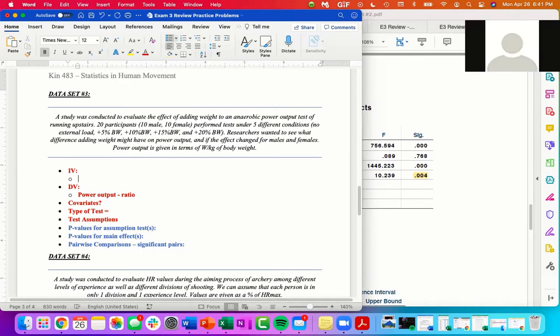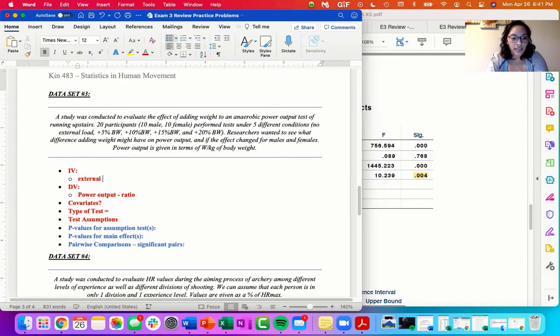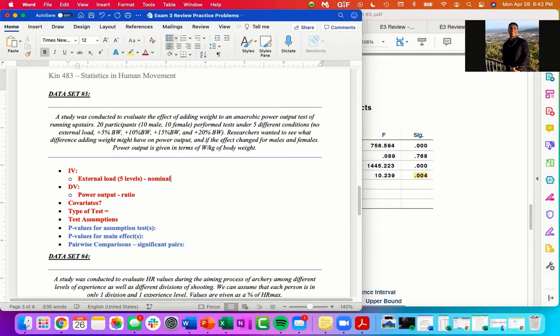2. Okay, so JT said the weight or load, right? So we could look at external load groups, which have 5 levels because we said there's 5 conditions, right? And each of those would be nominal or categorical in nature.